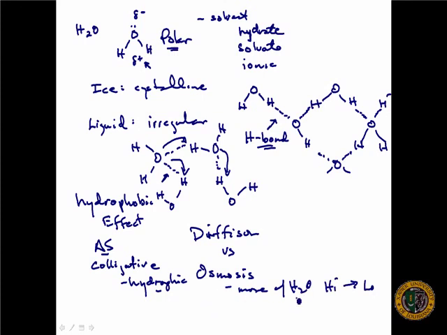And of course, as solutes move from high to low, this is referred to as diffusion. And that is a property, of course, that occurs in an aqueous solution, whether it's water or some other aqueous solution. So those are the physical properties of water.